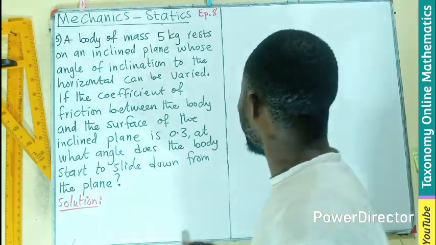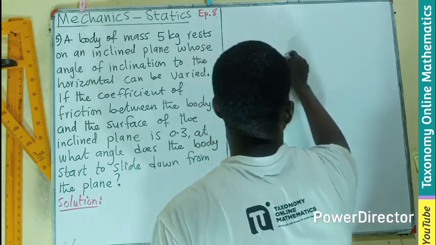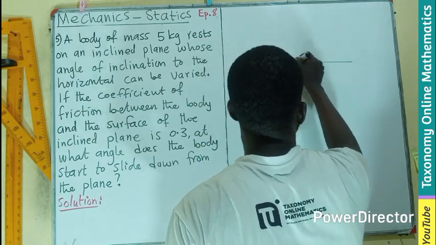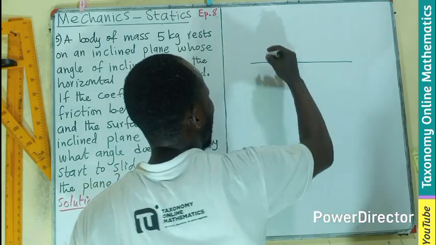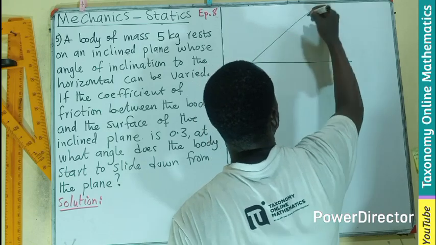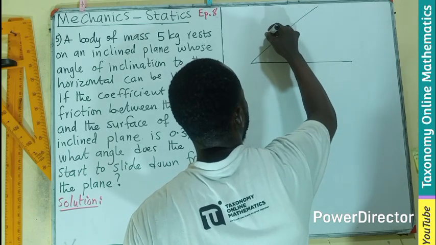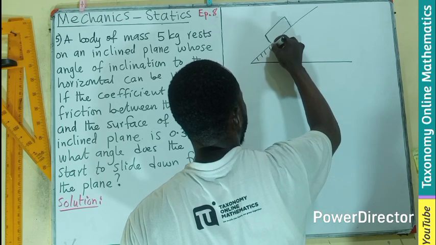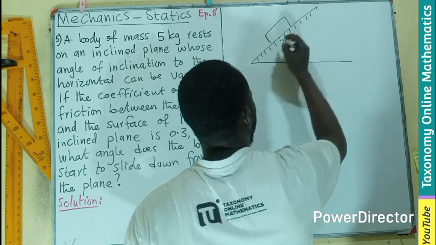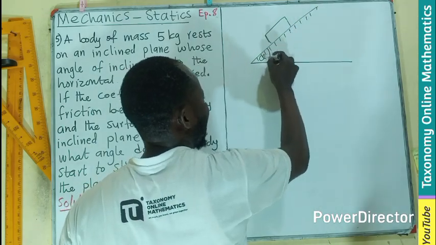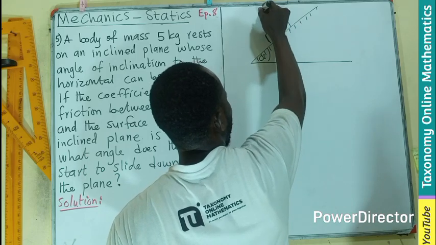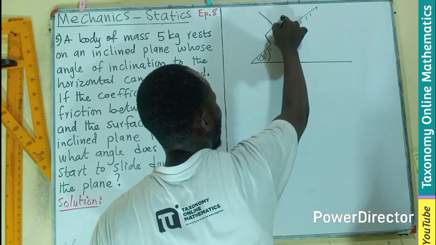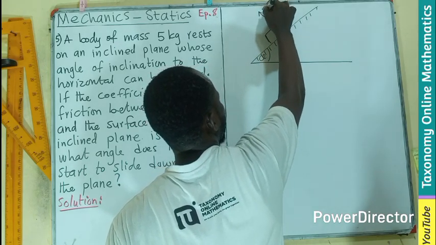Let's make a sketch of that diagram. If you have your horizontal surface and you have an inclined plane, let's have our body in this place. This is the surface. We are looking for the angle at this point. Remember, there will be a reaction called normal reaction.